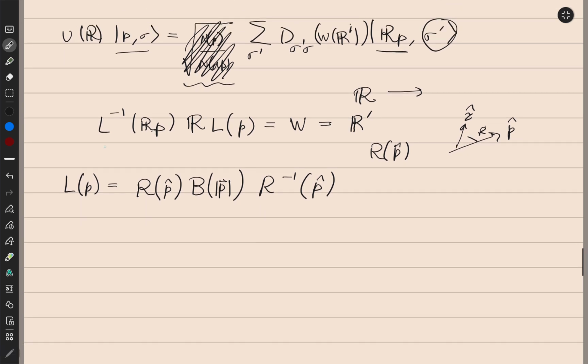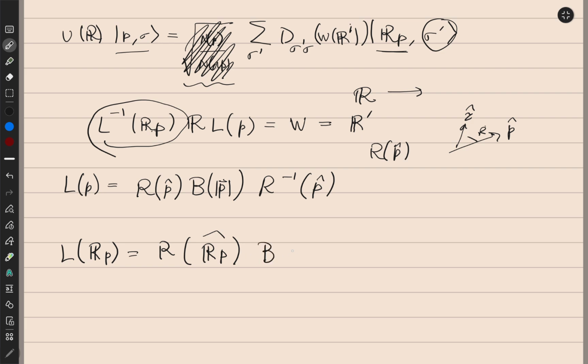So since we need to be able to calculate R prime, let's calculate L of Rp first. Since L of p was the rotation of p cap, I'll have a rotation of this Rp cap, and then followed by a boost, which should be a function of the length of the three momentum.